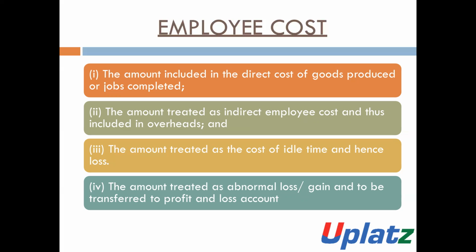And lastly, the department will analyze the amount which is treated as abnormal loss or abnormal gain, and such amount is to be transferred to the profit and loss account. All these analyses are to be done by the cost accounting department to determine the employee cost or labor cost.